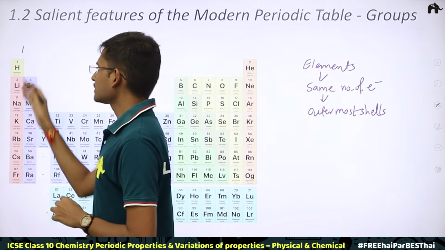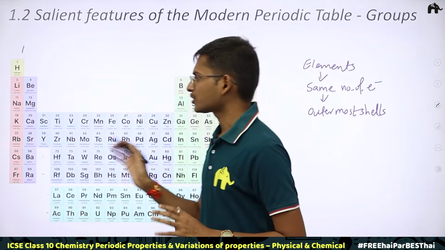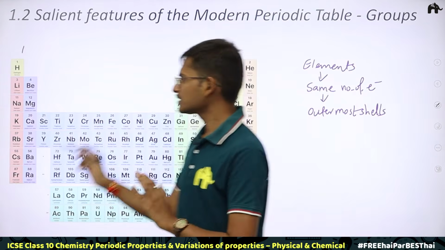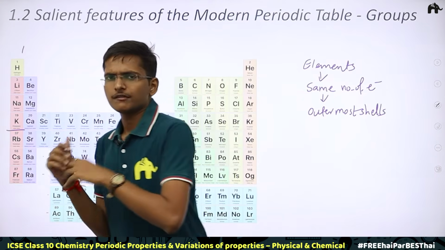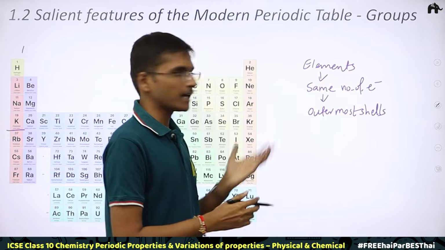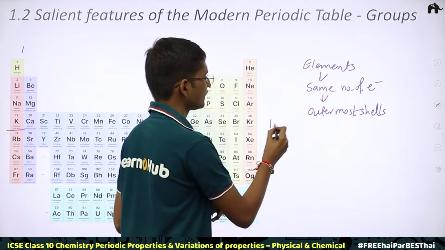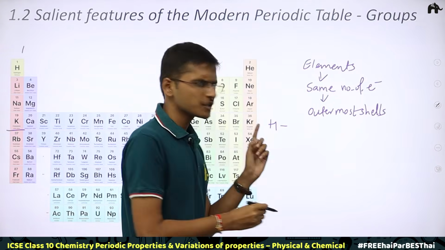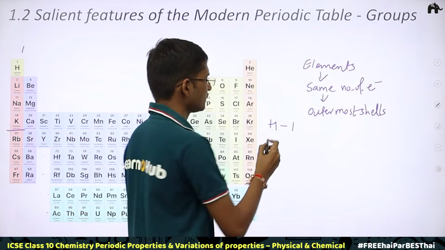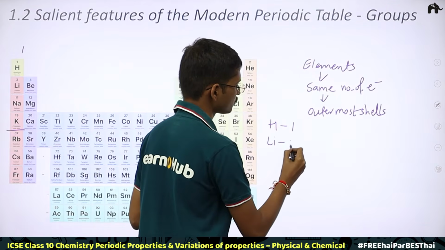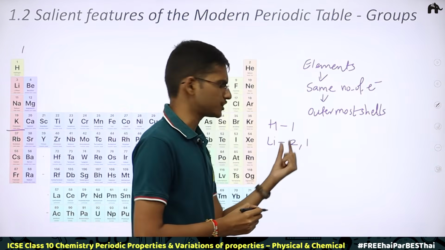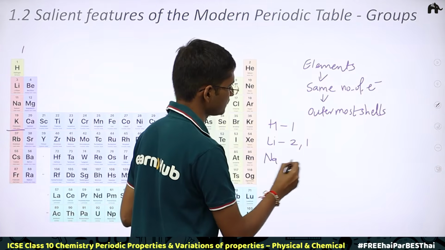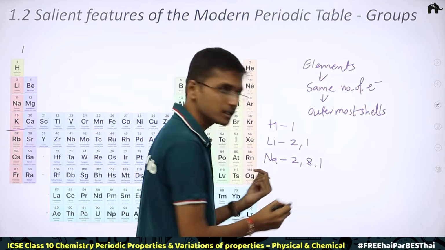In this we have the elements hydrogen, lithium, sodium, potassium, rubidium, cesium, francium. We will just see till potassium, and we will get to know that yes, it's absolutely correct. Starting from hydrogen, it has only one shell and only one electron. Then lithium has 2 shells, electronic configuration is 2, 1. Sodium has 3 shells, electronic configuration is 2, 8, 1.